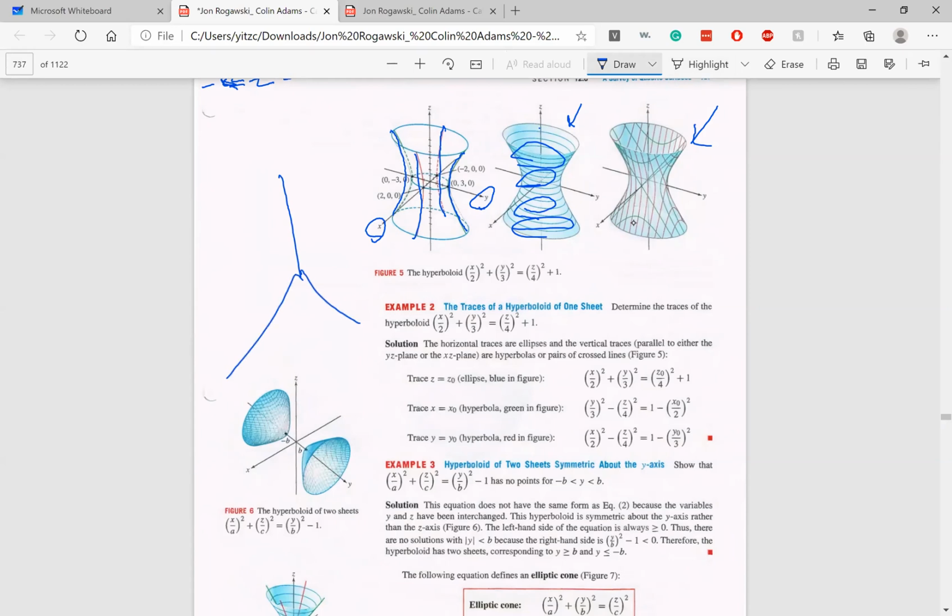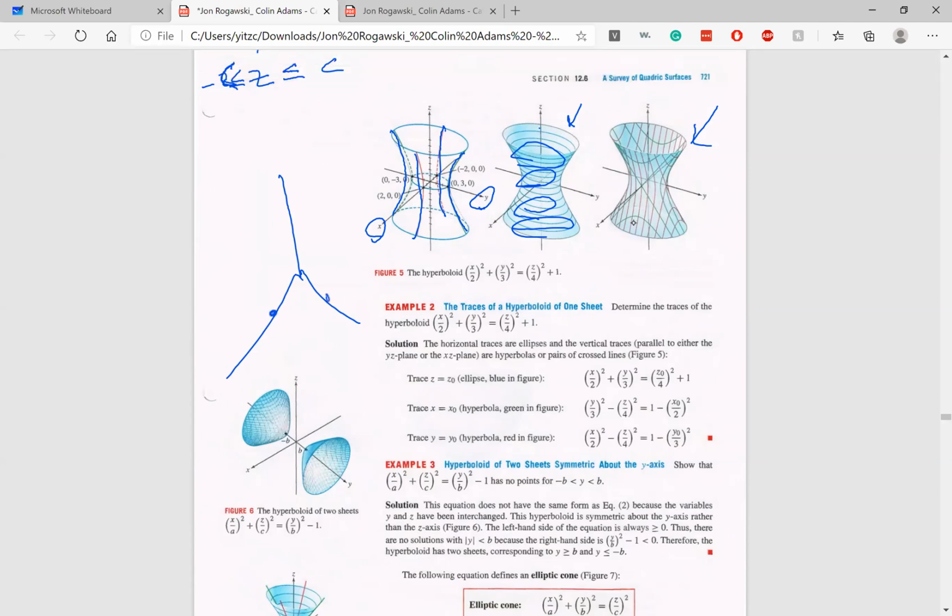As z is equal to different numbers, you're just going to get different ellipses. When z over here is 0, you just get 1. So in the x direction and the y direction, you get an ellipse. This over here is going to be 2, this is 3, and you get an ellipse like this. And as z gets bigger or smaller, these ellipses grow, and you also go up. So they're growing.